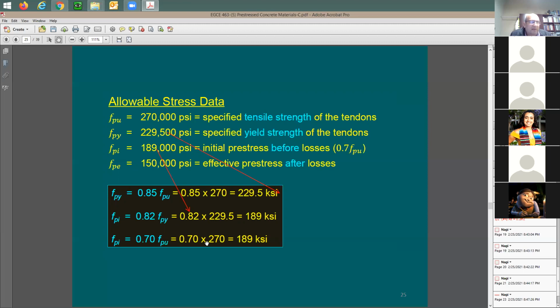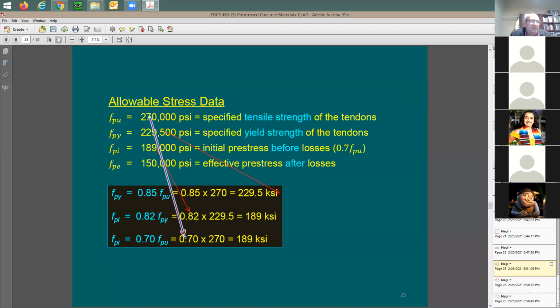This 189 is also 70% of the full 270. You see this? 70% of the 270, right? It's going to get you to this 189. So this fpi at the time of the pre-stressing is going to be equal to 189, and this 189 is 82% of the yield, which is also 70% of the ultimate.